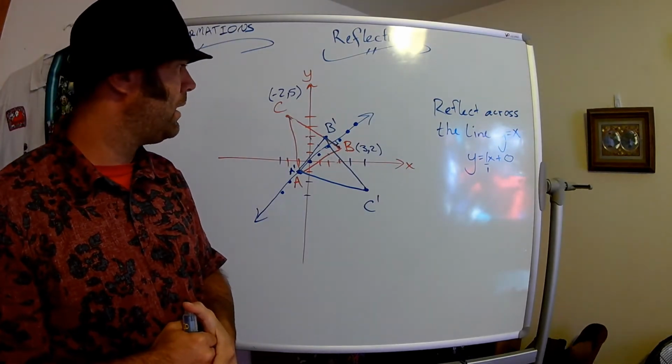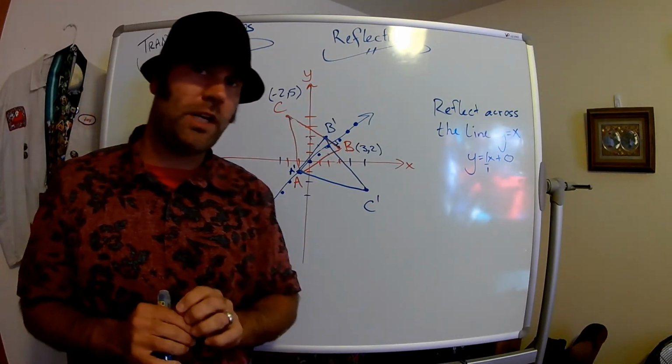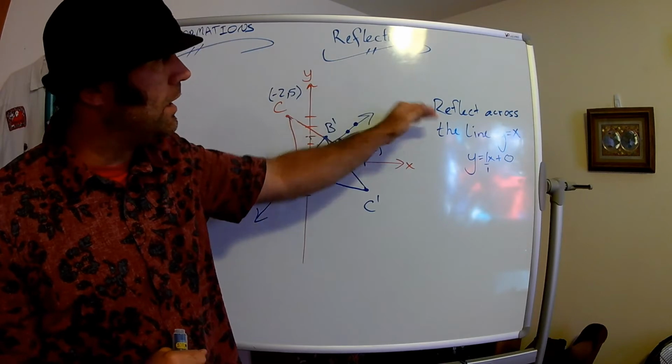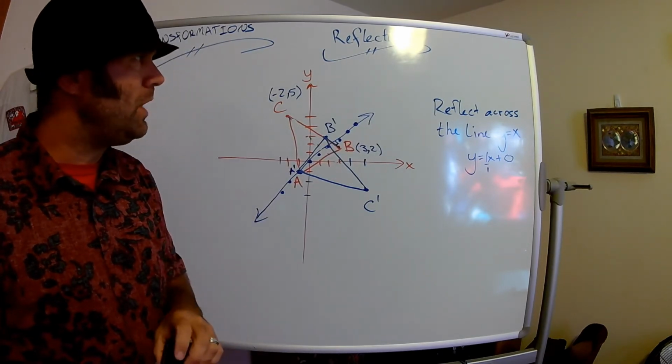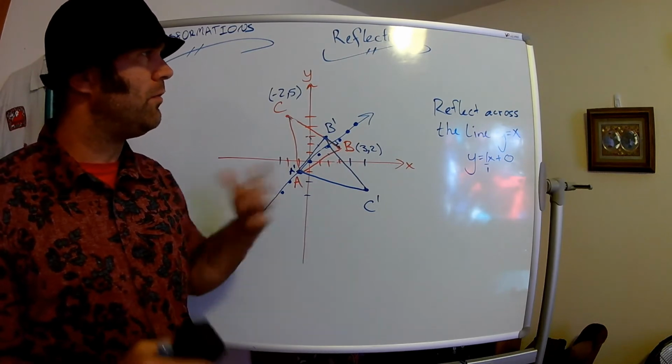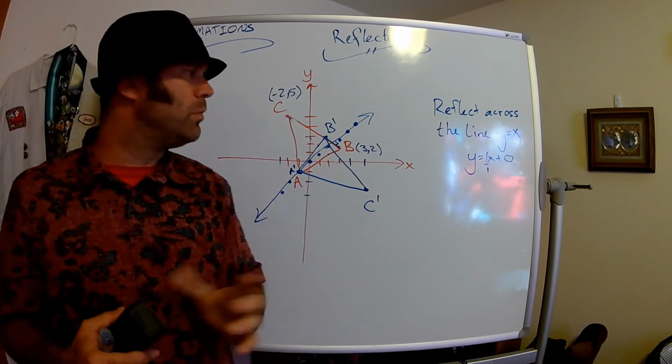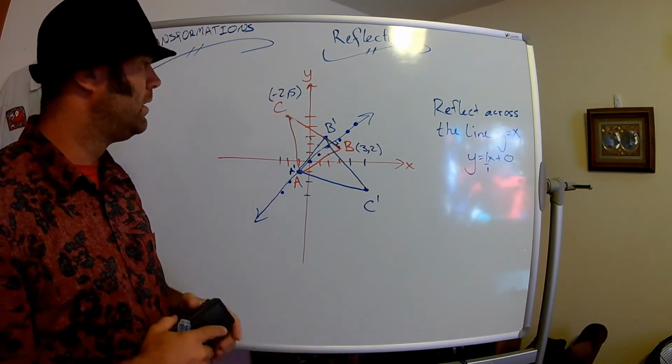Alright? So reflections are a little bit tricky, especially when they get into weirder lines. Let's go ahead and try reflecting across an even more complicated looking line.